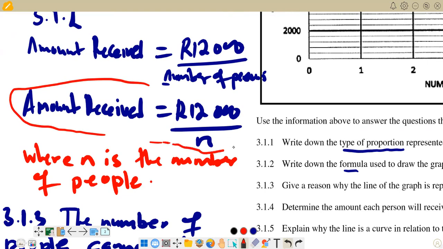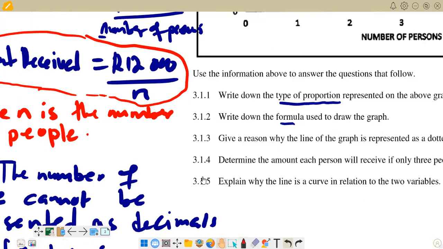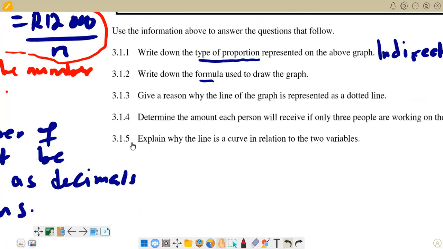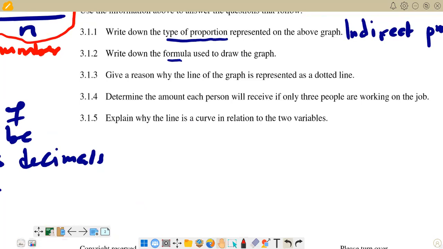This is the formula that we came up with. It's saying amount received is equal to 12,000 over n. So we can just substitute n there according to the question that we are having there.